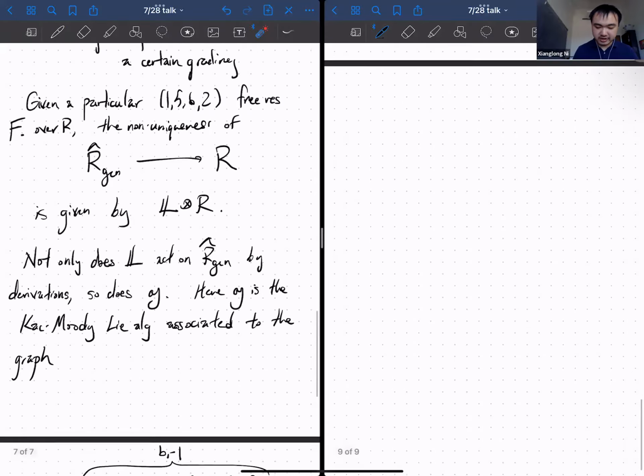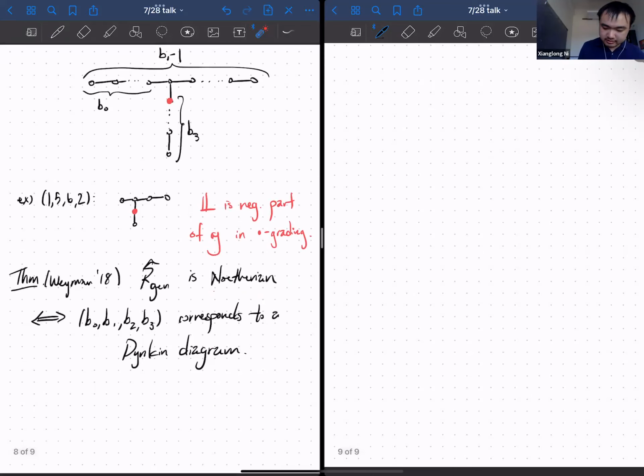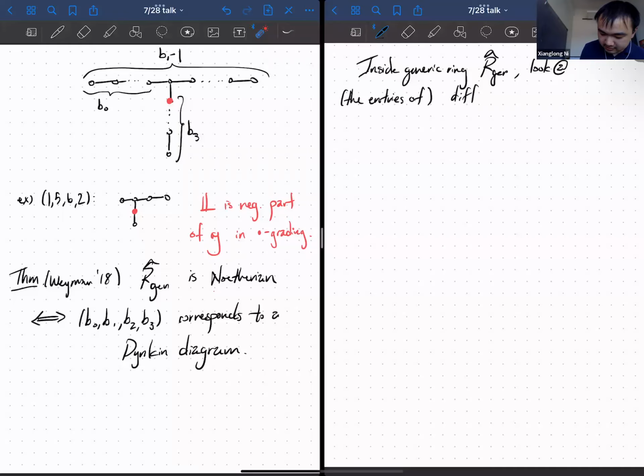So inside the generic ring, we can look at the entries of the differentials d_i. What I mean by that is, the generic complex, its differentials, the entries are some variables in R generic. So I'm going to look at those variables in the ring.